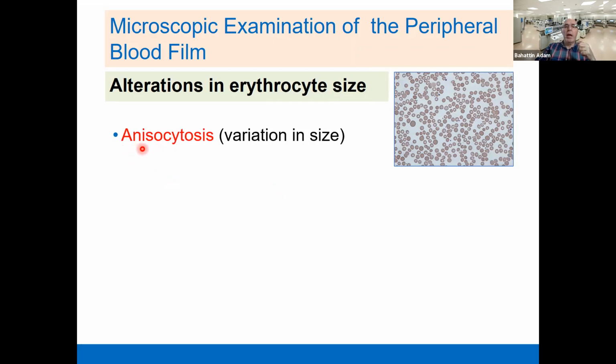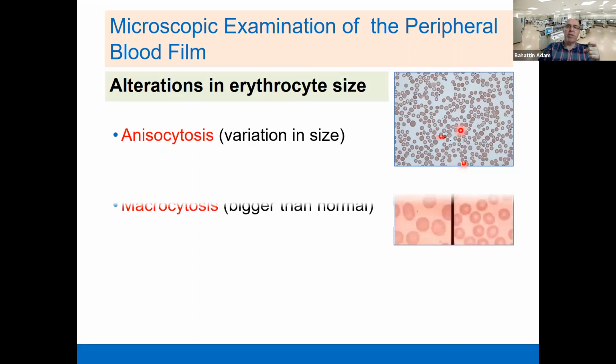Anisocytosis means variation in size, as you see in these slides. There are different sizes of erythrocytes on the same slide, which we call anisocytosis, variation in the size.